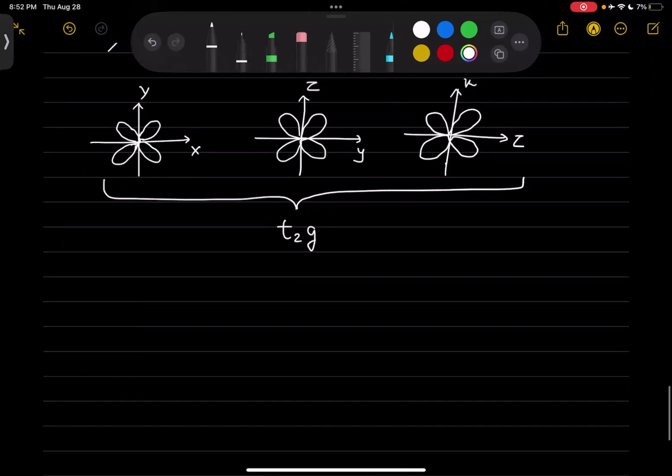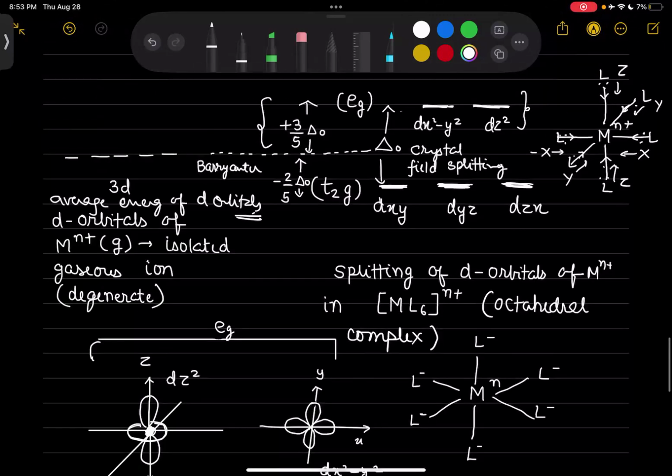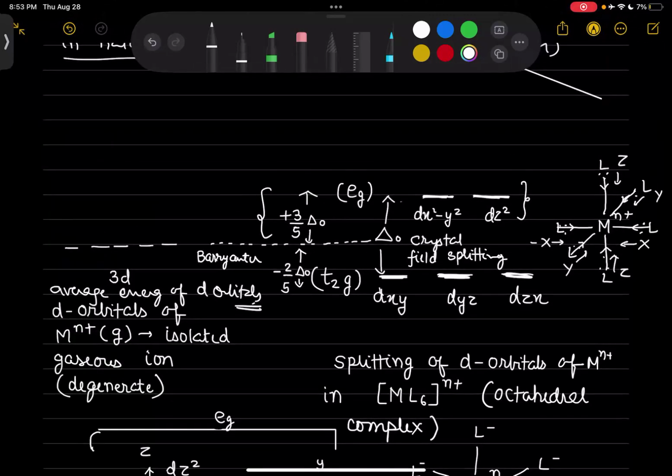So now how is this splitting going to be impacted by the ligands? First, it is going to be impacted by the geometry. So all the octahedral complexes will have this kind of split, in which the dz2 and dx2-y2 have higher energies, while dxy, dyz, dzx have lower energies.